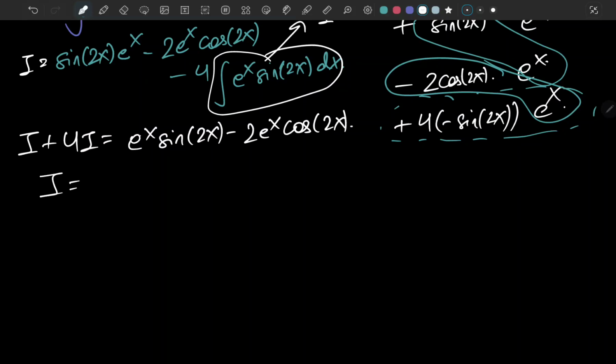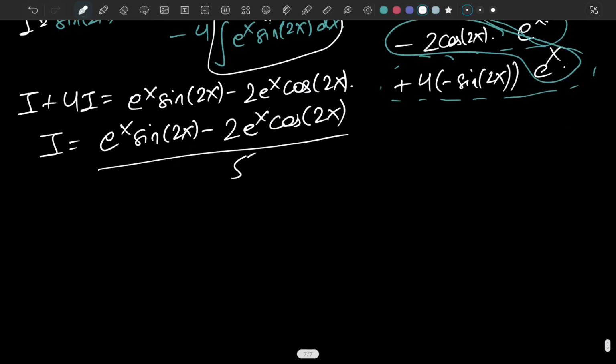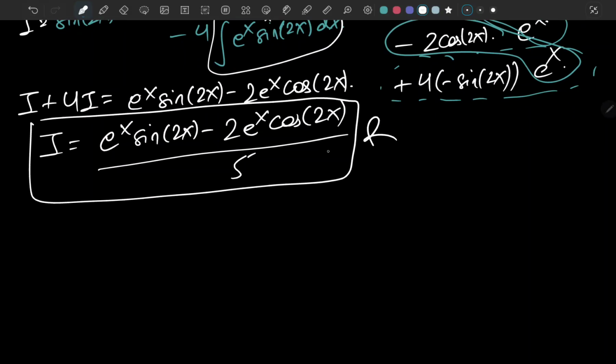Now I becomes e to the x sine of 2x minus 2 e to the x cosine of 2x, over 5. That's it, guys. That's really it. This is the answer. And well, plus c, don't forget about that.